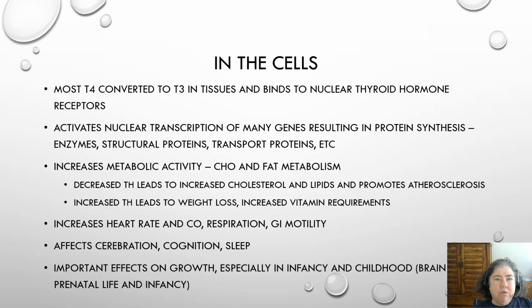Within the cells, most of the T4 gets converted to T3. The thyroid receptors are on the nucleus of the cell. So there are nuclear thyroid hormone receptors that bind primarily T3, again, the active hormone. And that T3, through mediators, activates the transcription of DNA and results in an increase in protein synthesis.